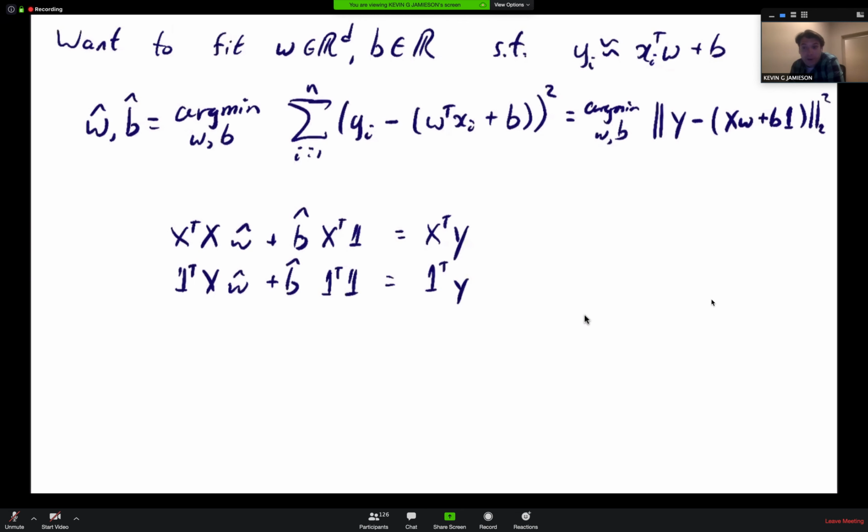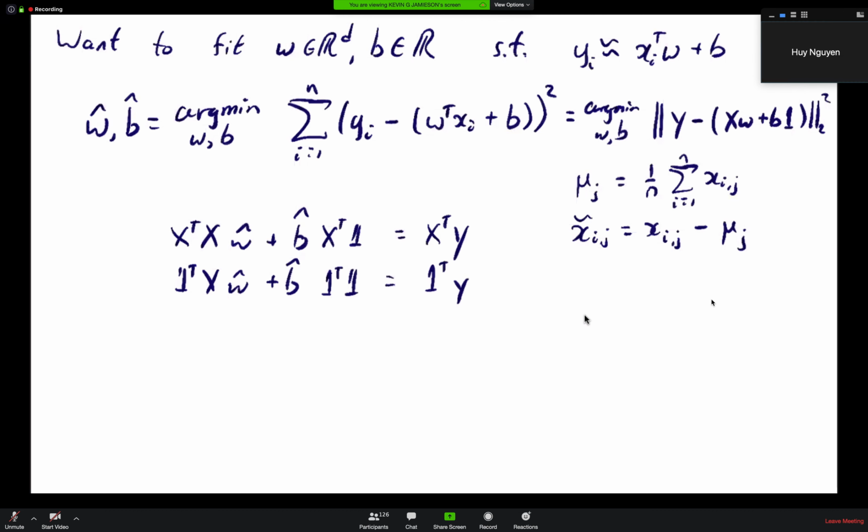suppose we had standardized our data before. Let's define x tilde, where I centered it. So I made sure that x tilde ij is equal to xij minus mu j, where mu j is equal to 1 over n times the sum over i of xij.